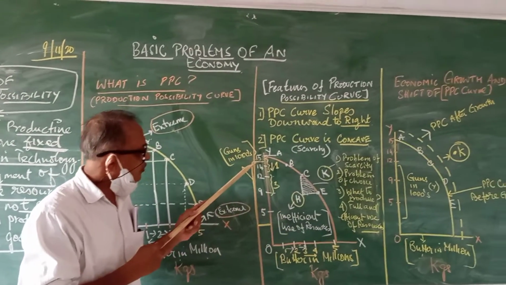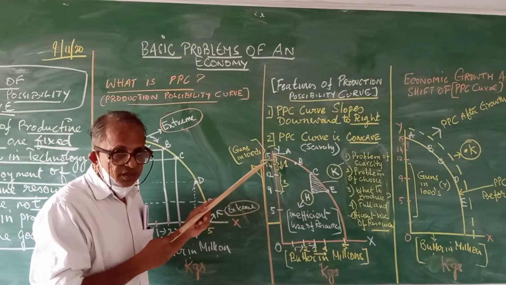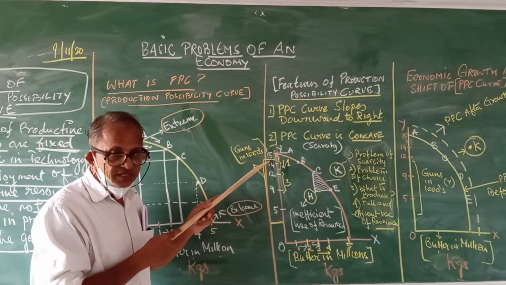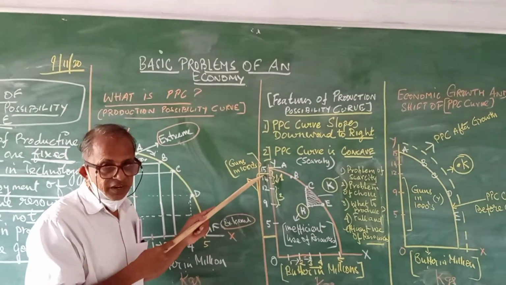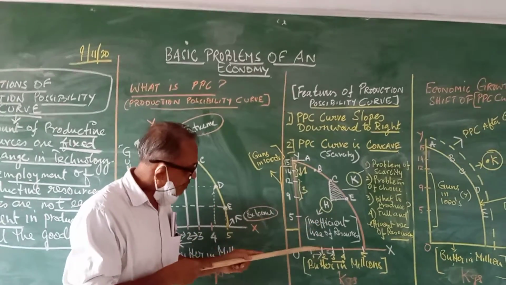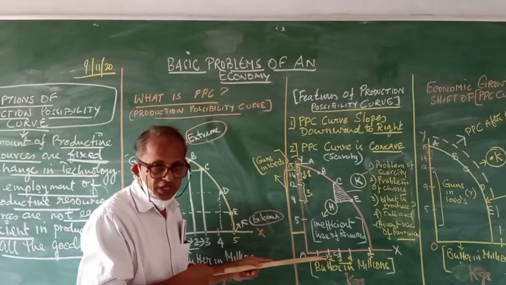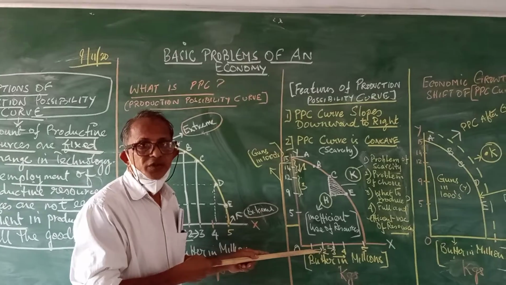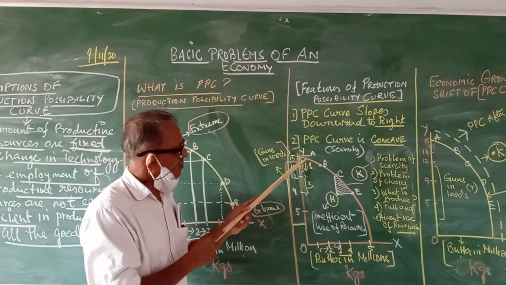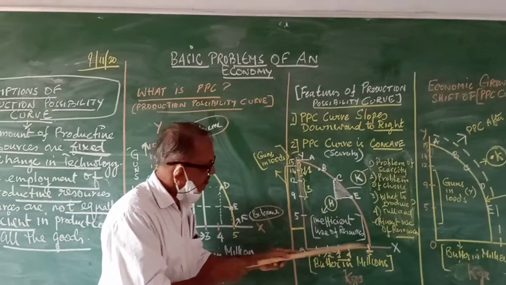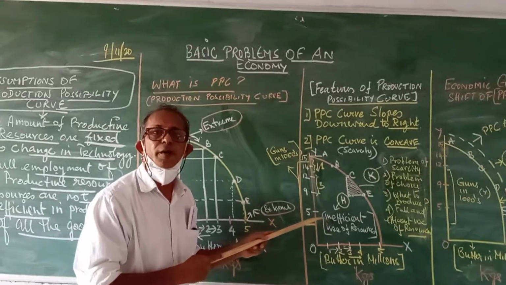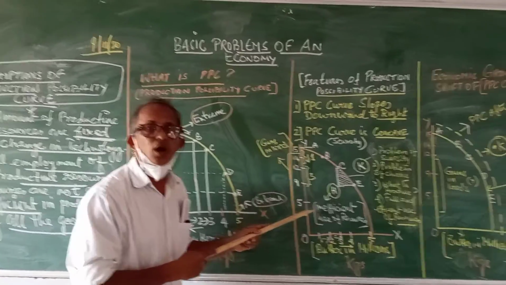This transfer of cost is called opportunity cost. So the production possibility curve is concave because it explains the opportunity cost.